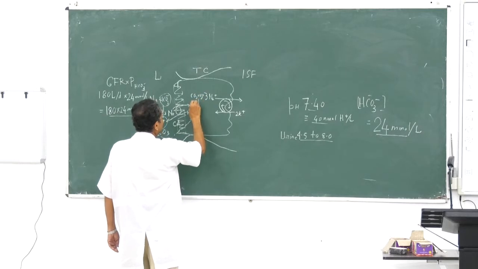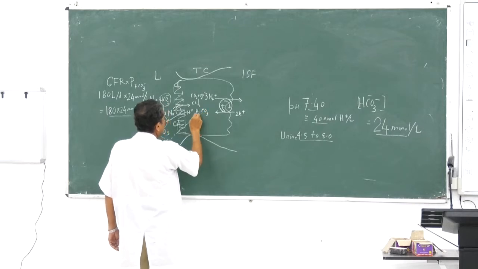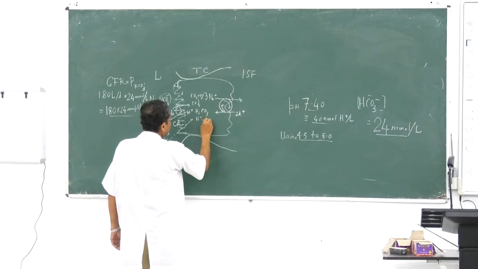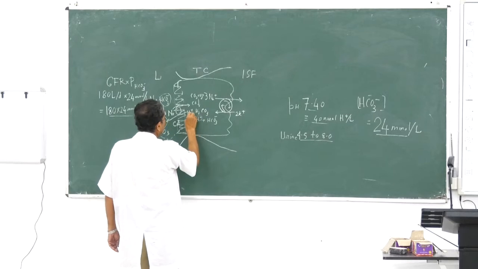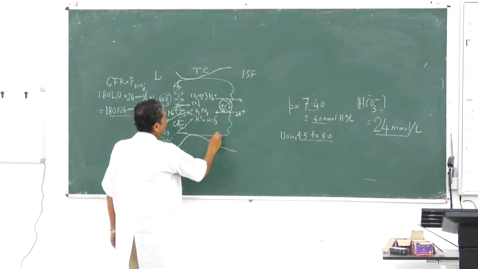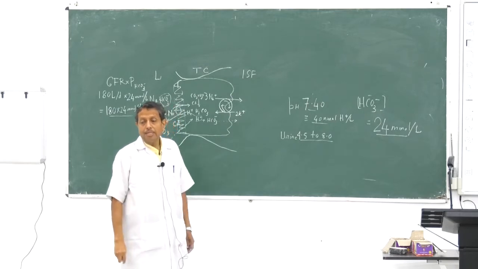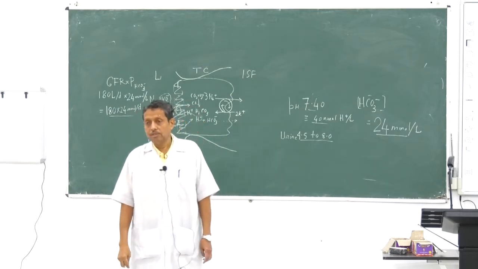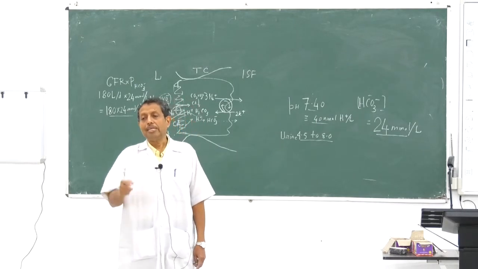Within the cell, carbonic anhydrase converts it into H2CO3, and this splits into hydrogen ion plus HCO3. This hydrogen will go out this way, and bicarbonate then diffuses by different types of transporters, direct or, in the distal nephron, in exchange with chloride ion.